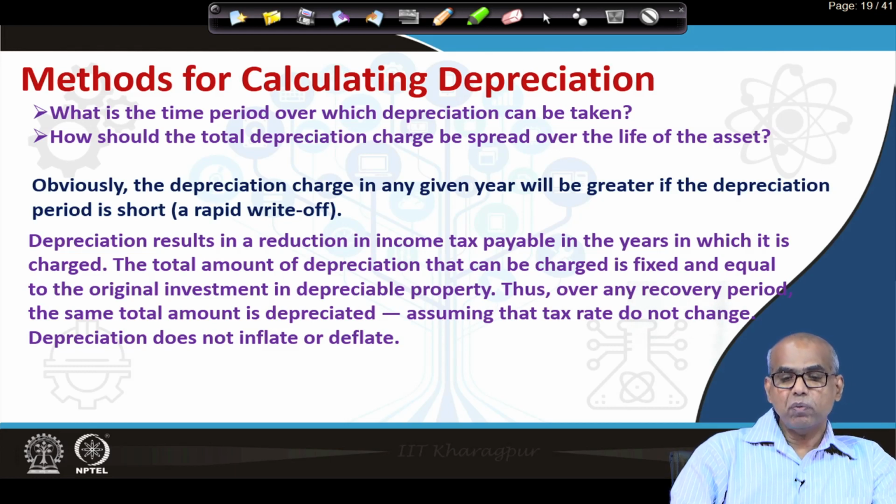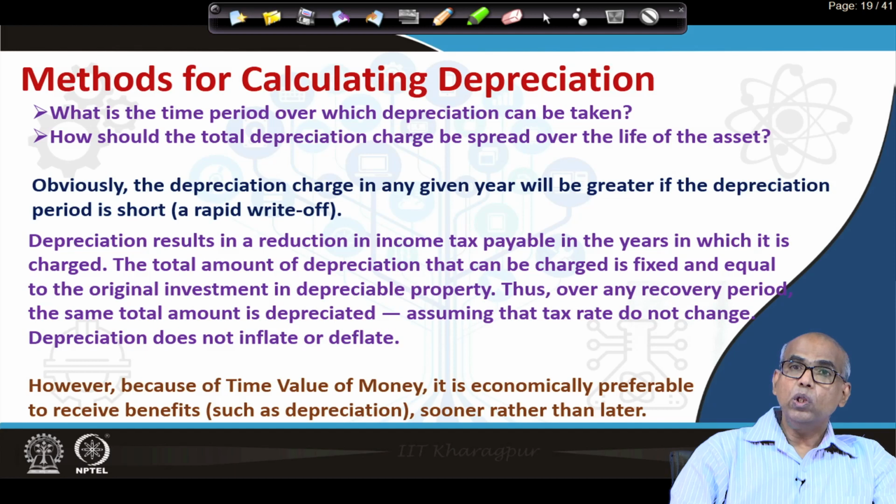The total amount of depreciation that can be charged is fixed and equal to the original investment in depreciable property. Thus, over any recovery period, the same total amount is depreciated, assuming of course that income tax rates do not change over the period of recovery. Remember, depreciation does not inflate or deflate.